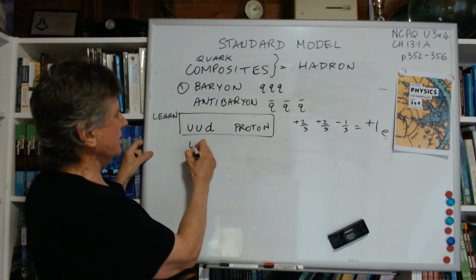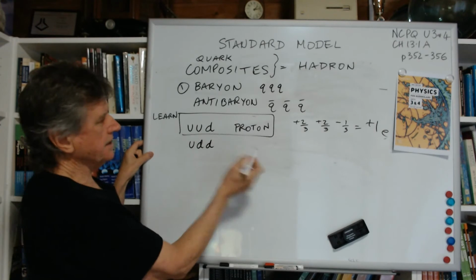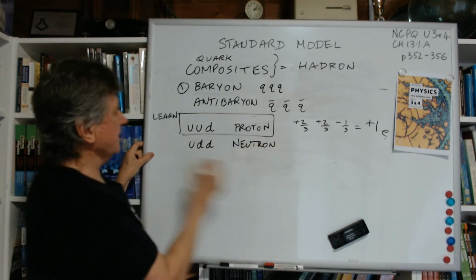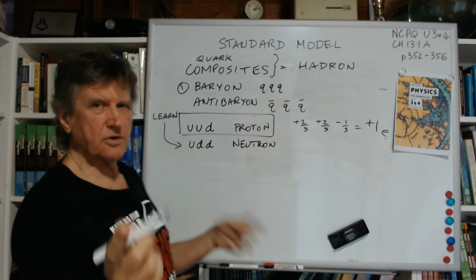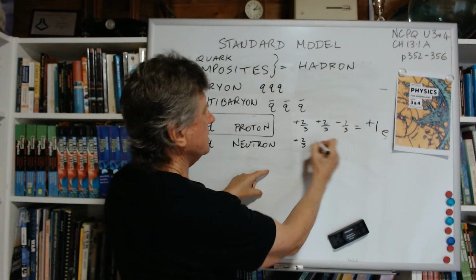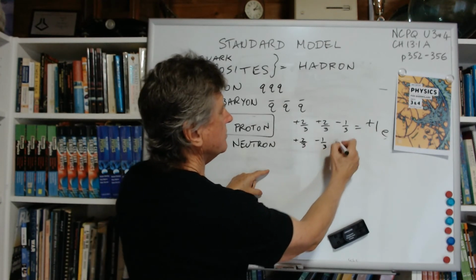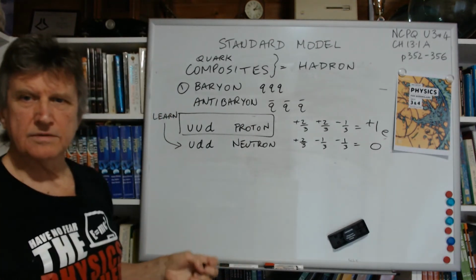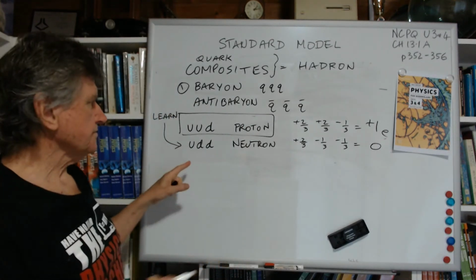Now if you look at the other one, up, down, down, this is a neutron, and again you should learn that off by heart. This would be plus 2/3 minus a third minus a third equals 0. Okay, so it's as simple as that.